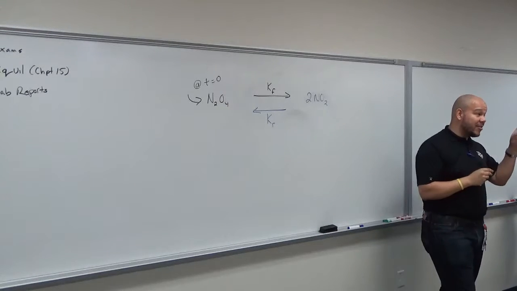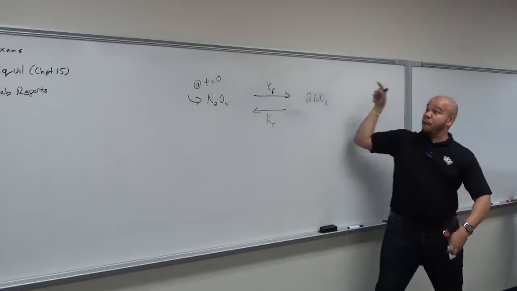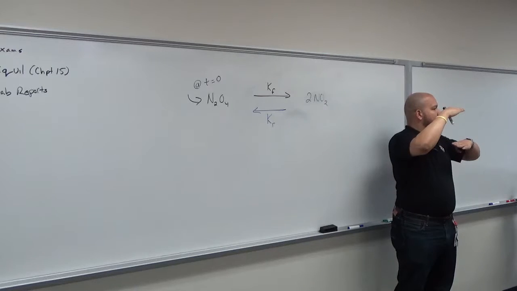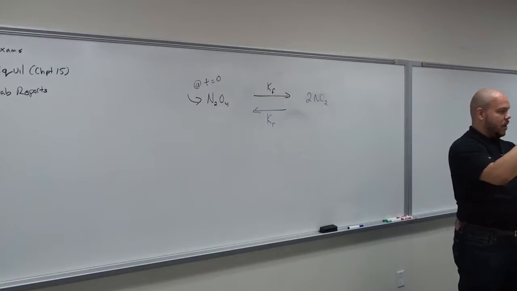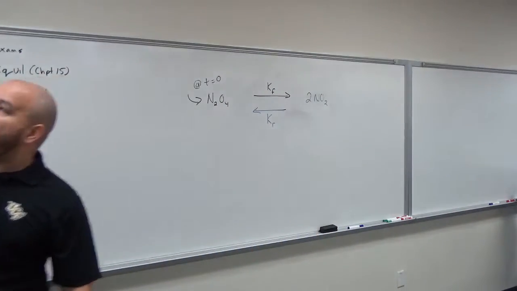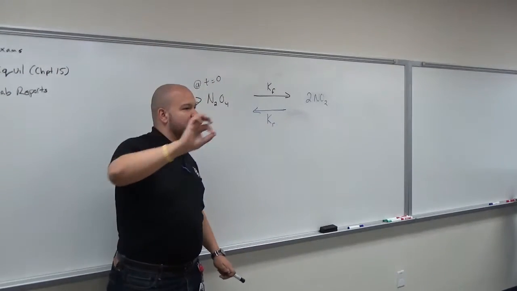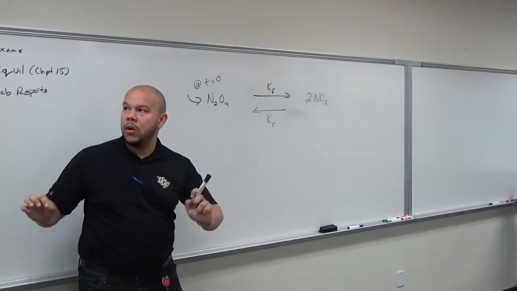So the rates of forward and reverse are staying the same, so the ratio of the two is constant, right? That is the only way to get a graph that looks like this, for the rates of both of those to no longer be changing as a function of time. Doesn't mean that they're equal, right? Doesn't mean that they're equal.